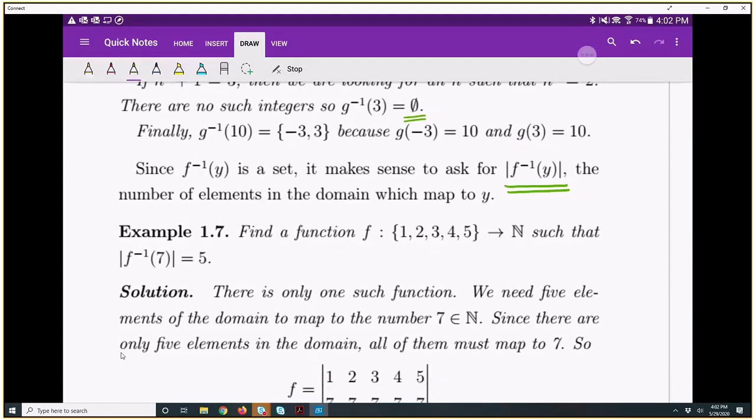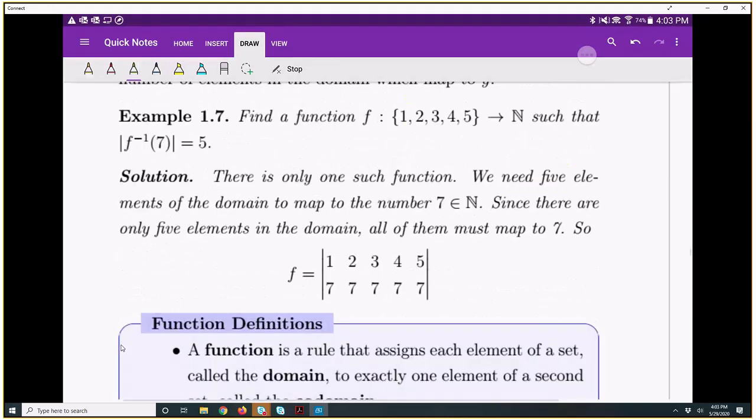Find a function f from the set 1, 2, 3, 4, 5 into the set of natural numbers such that the cardinality of the inverse image of the element 7 is equal to 5. So I'm looking for a function from the set 1, 2, 3, 4, 5 where there are 5 different numbers that all get mapped to 7.